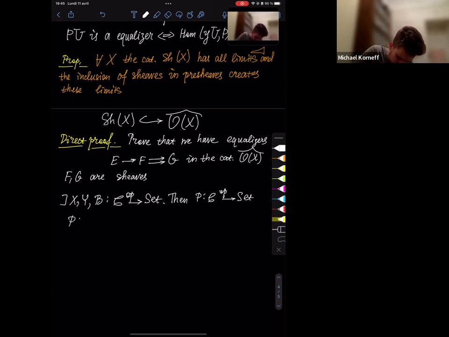It means that it is the following object. This is just a limit in the category of sets of the following diagrams, where F and G are natural transformations.